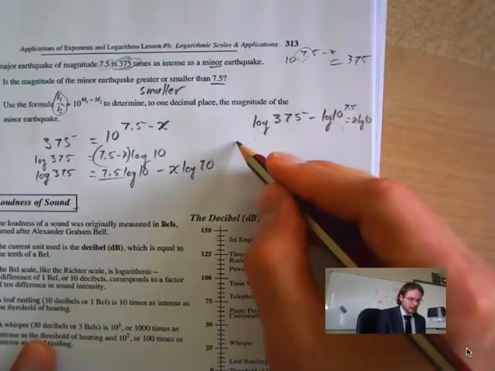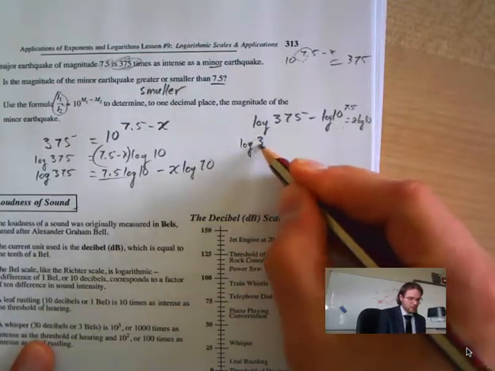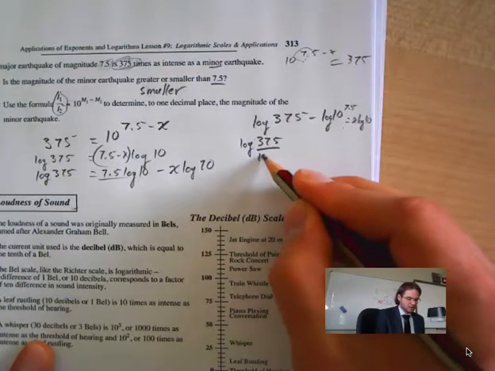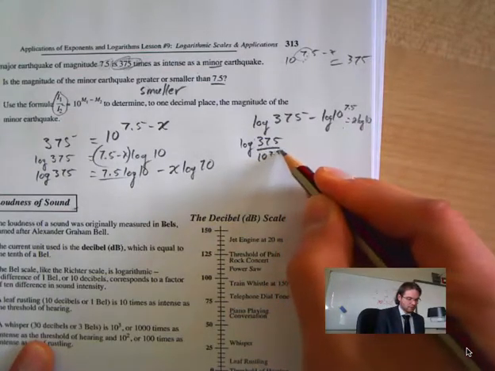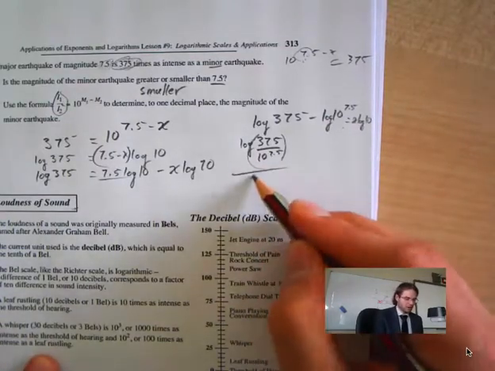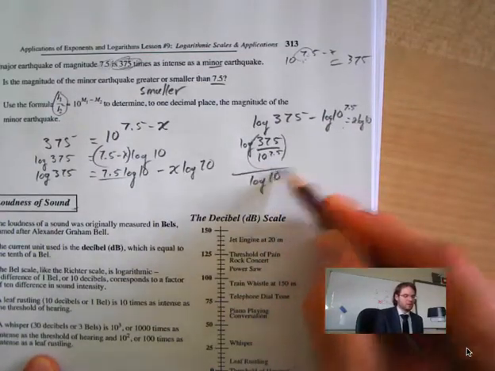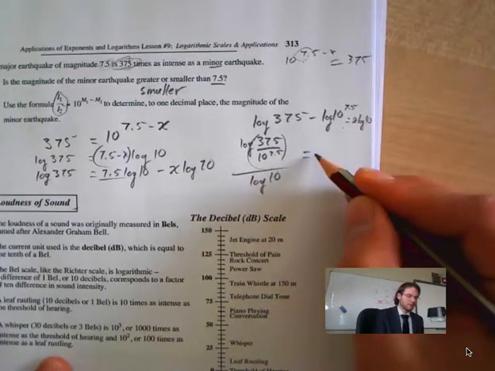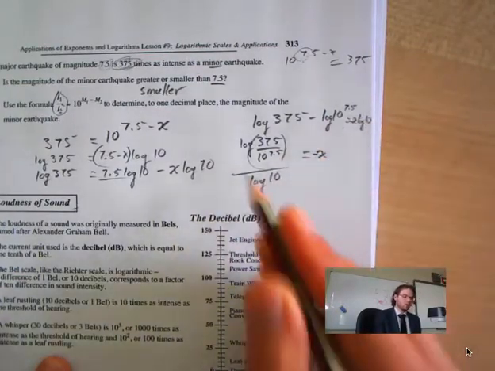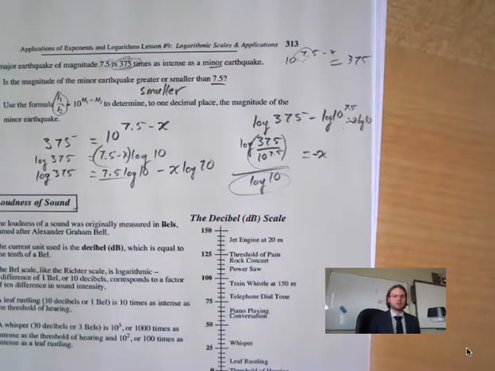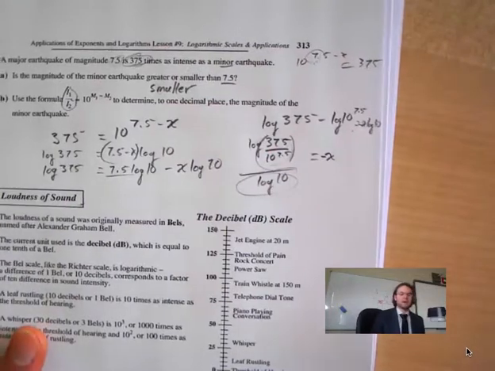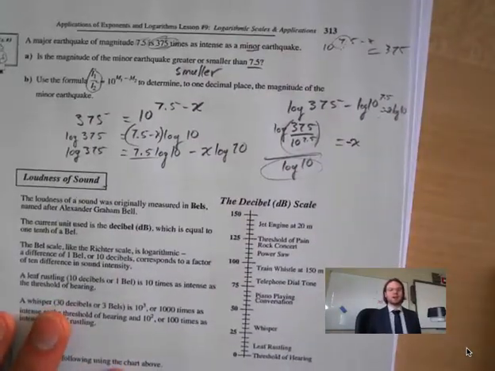This is the same thing as log 375 all over 10 to the 7.5, all divided by log 10 is equal to negative x. Well, log 10 is just log base 10. 10 to the power of what? So that's 1. So all I have to do is put that in and multiply that by a negative.